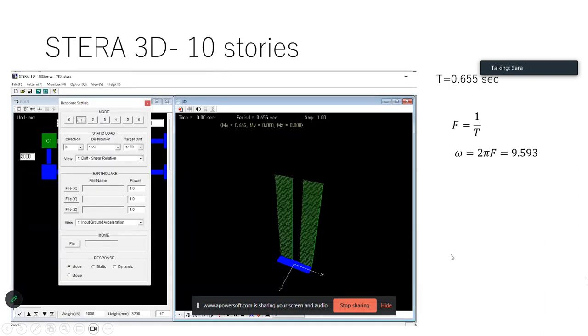After that, without the coupling beam, we got a period of 0.655 seconds. From this, we find the circular frequency omega, which was 9.593.